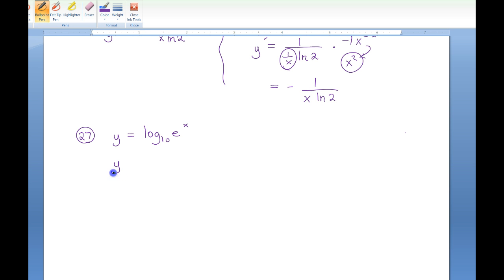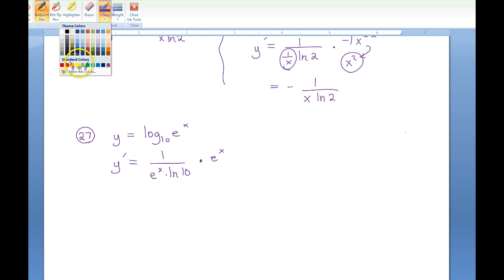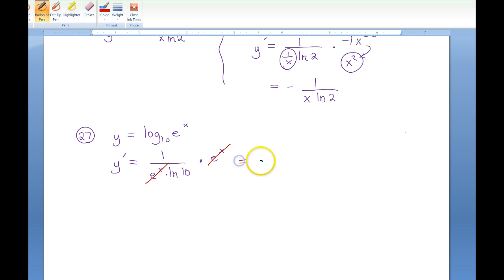This is going to be 1 over e to the x times ln of 10. And then the whole thing gets multiplied by the derivative of e to the x, which is just e to the x. What do we notice happens? These cancel, so we just get 1 over ln of 10.